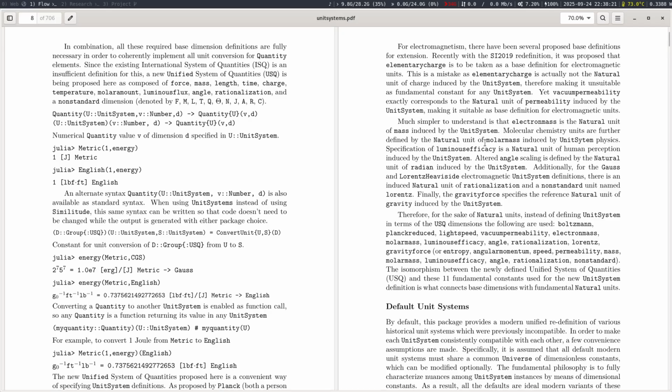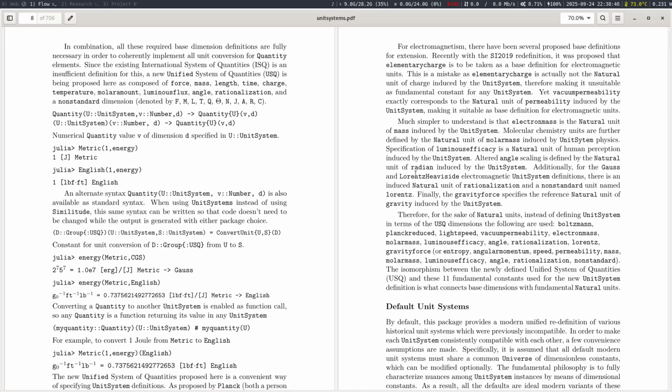Molecular chemistry units are further defined by the natural unit of molar mass induced by the unit system physics. Specification of luminous efficacy is a natural unit of human perception induced by the unit system. The angle scaling is defined by the natural unit of radian induced by the unit system.